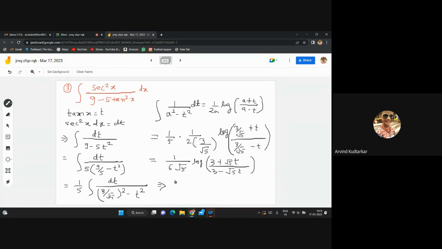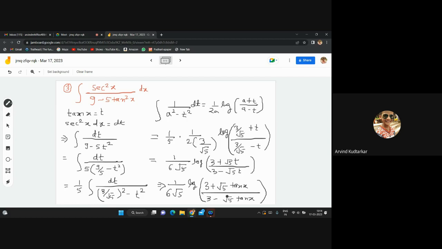That means 1 by 6 times root of 5 into log of 3 plus root of 5 into tan of x upon 3 minus root of 5 into tan of x. So this will be the correct solution for the indefinite integral.